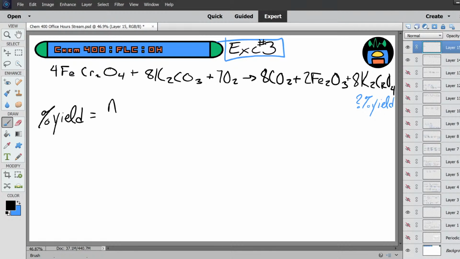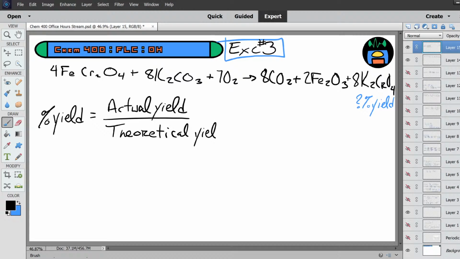It equals the actual yield divided by the theoretical yield times 100.